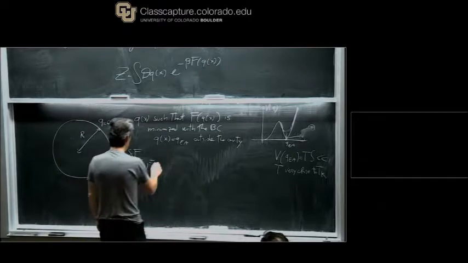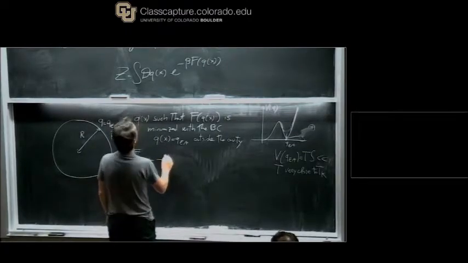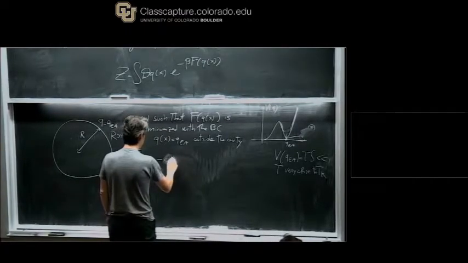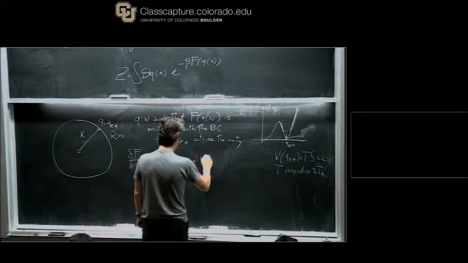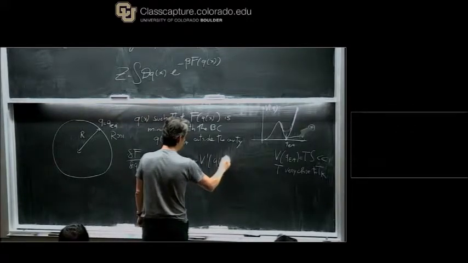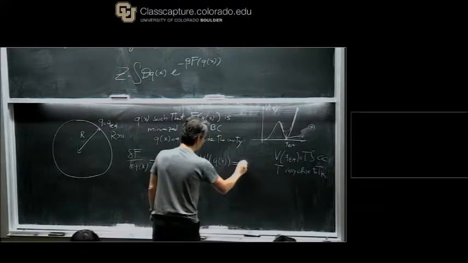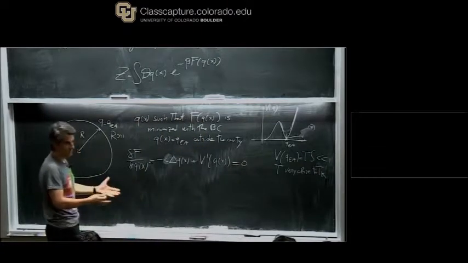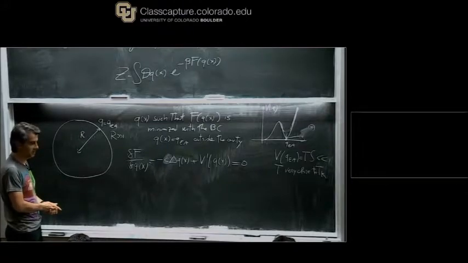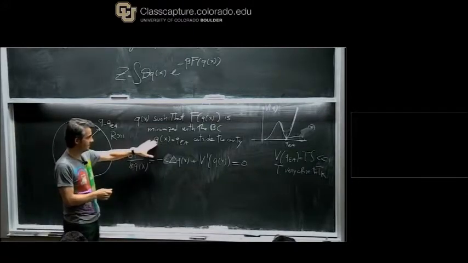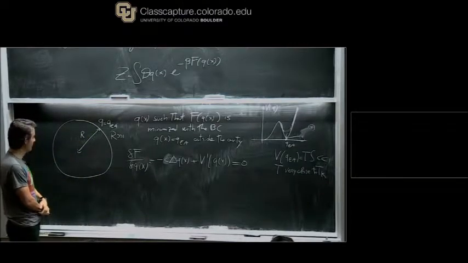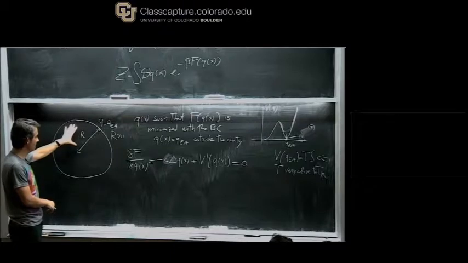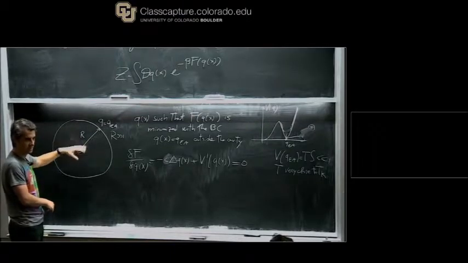So it will be minus c the Laplacian of q of x plus v prime of q of x, and then I have to impose that this is 0. I'm looking at a minimum, and I have this boundary condition that has to be satisfied. And to make life simple, here I have a sphere, so I have radial symmetry.